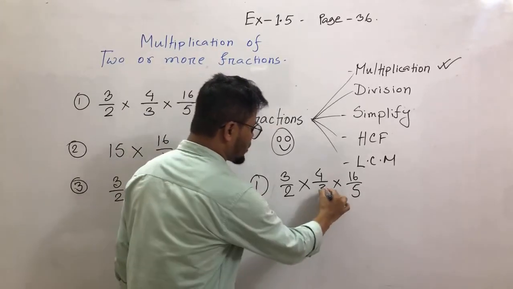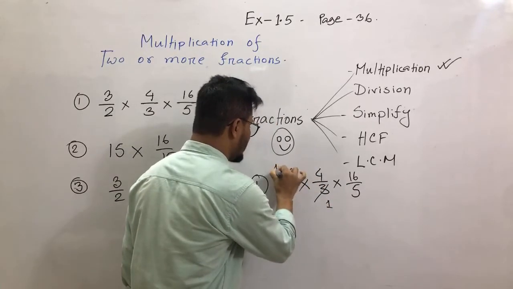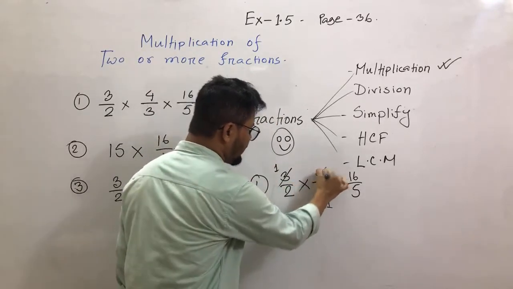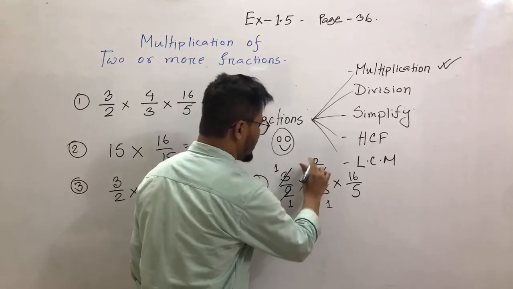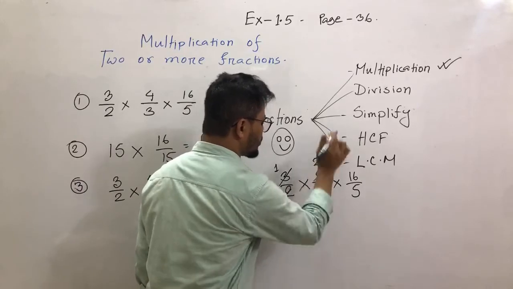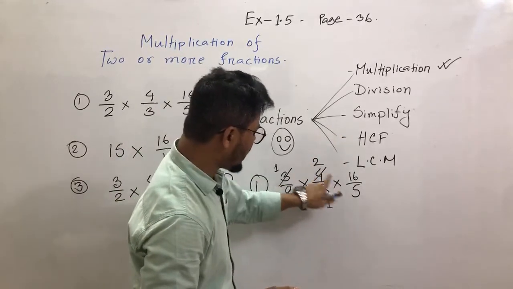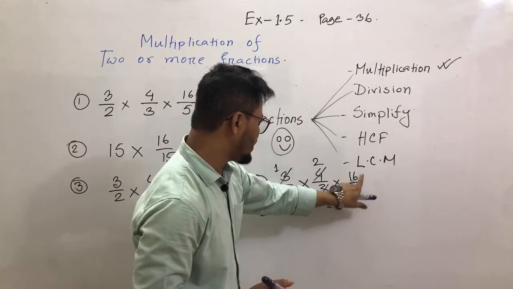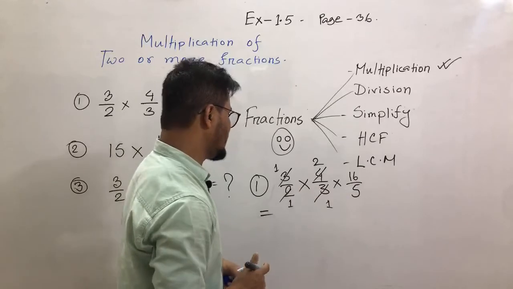If we divide this one, 3 ones are 3 and 3 ones are 3, and we can divide this 4 by 2: 2 ones are 2 and 2 twos are 4. Now there is a 2 and there is 5 in the denominator. There is 16, there is 1 and 5. So we cannot divide anymore.